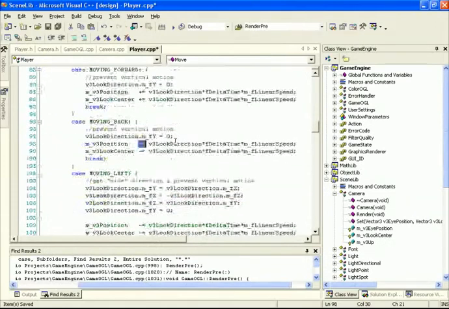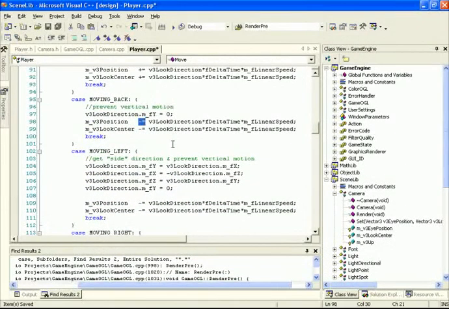Moving left and right, we need to get a vector that's perpendicular to our look direction. And before we had a vector that was called, I think, side direction or something like that. And we know we're only going to be moving in the xz plane. So to get the perpendicular to the look direction, all we need to do is swap our z and our x components and add a minus sign to one of them.